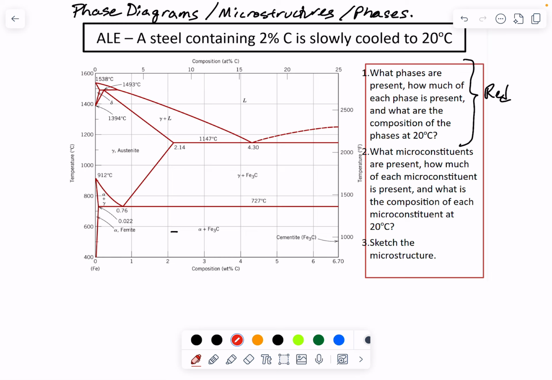Okay. So what phases are present? We're going to answer that first at 20 degrees C. And remember, this is our alloy.